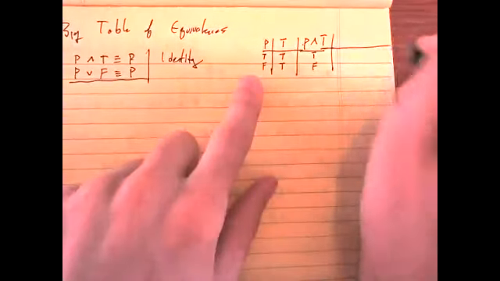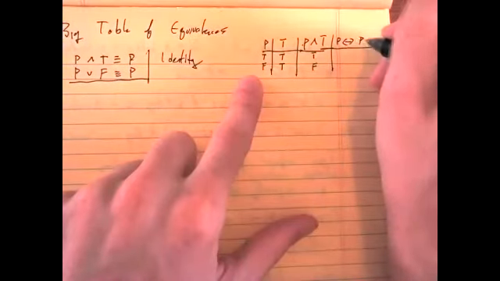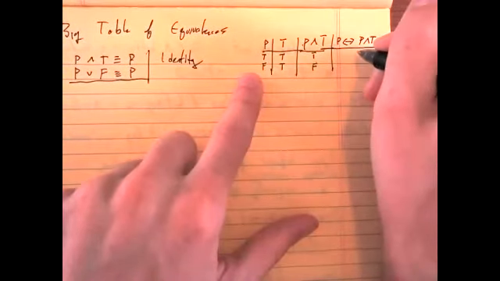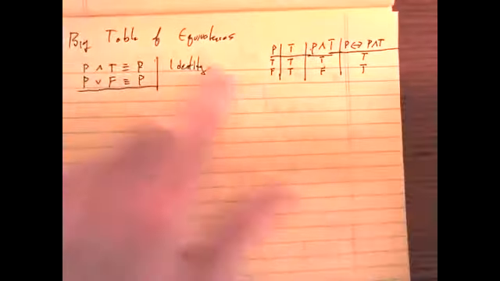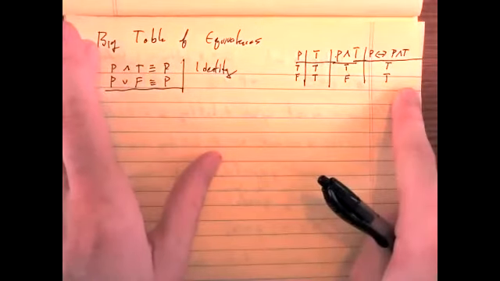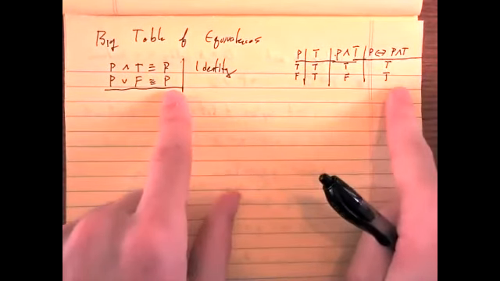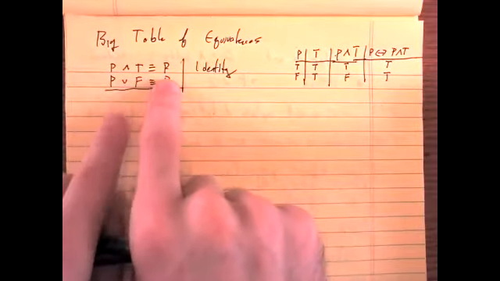So to be very pedantic about this, P if and only if P and true has truth table true, true, so it is a tautology. Since this is a tautology, I can see that P and true is logically equivalent to P.